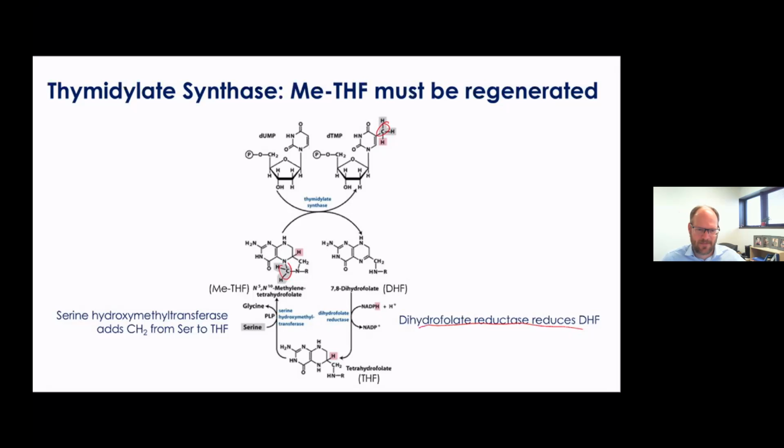Makes sense? From dihydrofolate to tetrahydrofolate. Is everybody following that so far? You need a reduced methylated tetrahydrofolate to use as a precursor, and so you have a two enzyme step that converts it from the end product, which is dihydrofolate, back into that methyl tetrahydrofolate. Yeah?